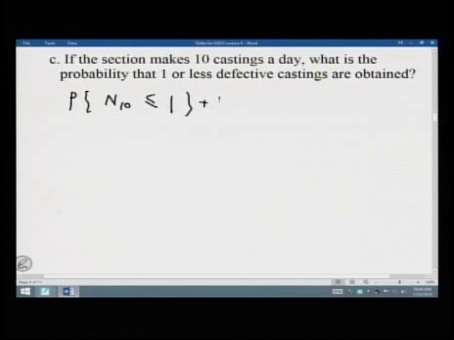So that's going to be probability N sub 10 equal to 1. Oh, I'm sorry. It's going to be equal to probability N sub 10 equal to 0. Okay?